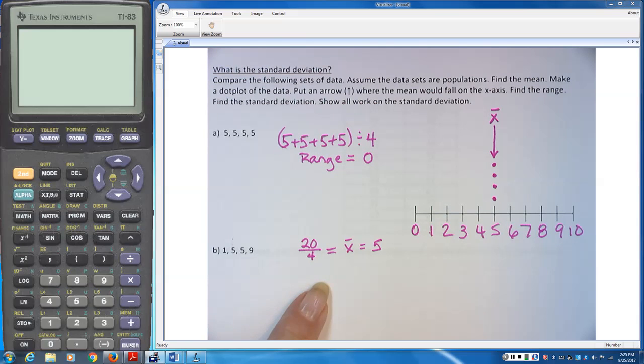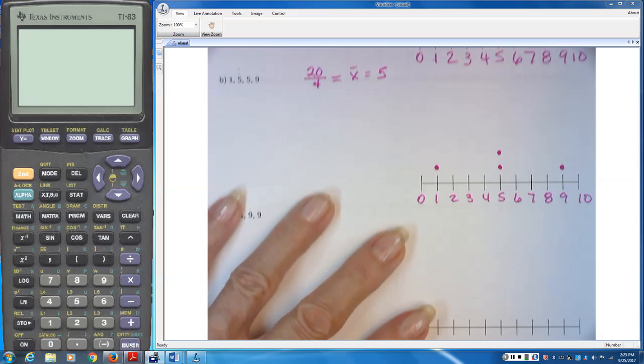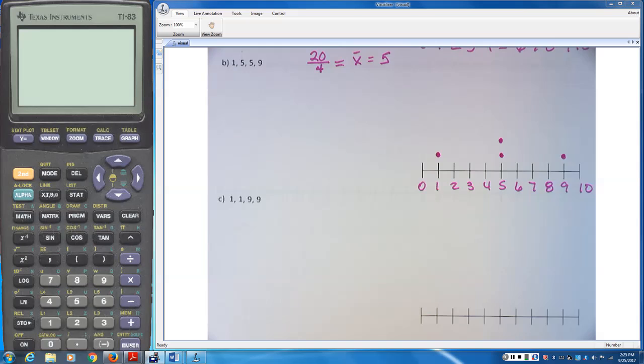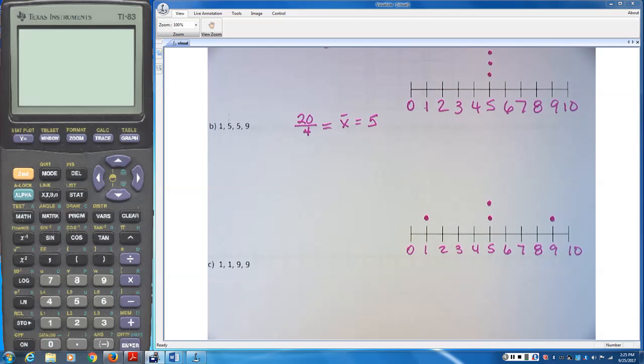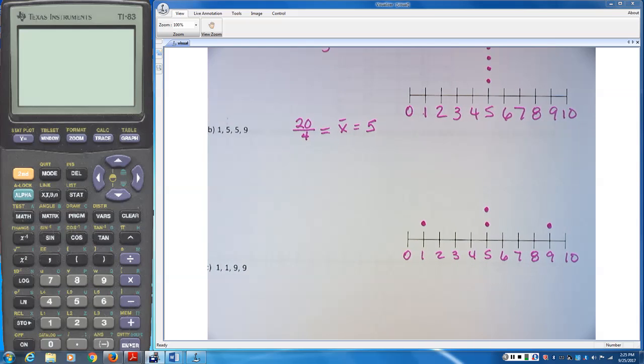The mean is 5, but here's the numbers. 1, 5, 5, 9. So what you have now should look like that, right?